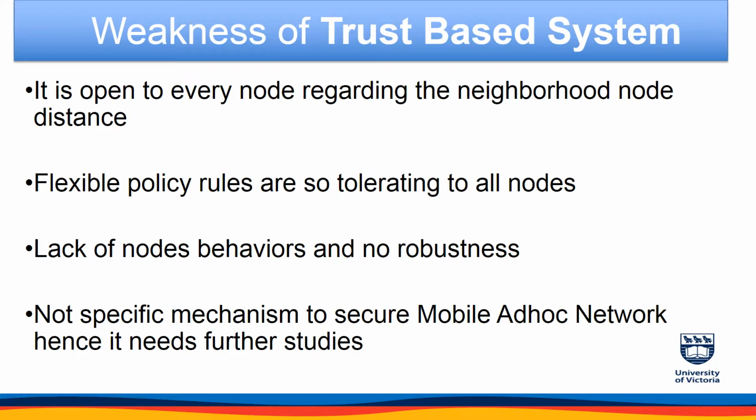The flexible policy rules, which are used to decide if the node is malicious or not, are applied to all nodes. They don't consider node behavior, and they are not robust. It also didn't clearly specify the mechanism to secure MANET. Hence, it needs further studies to establish how the security will be made to function.